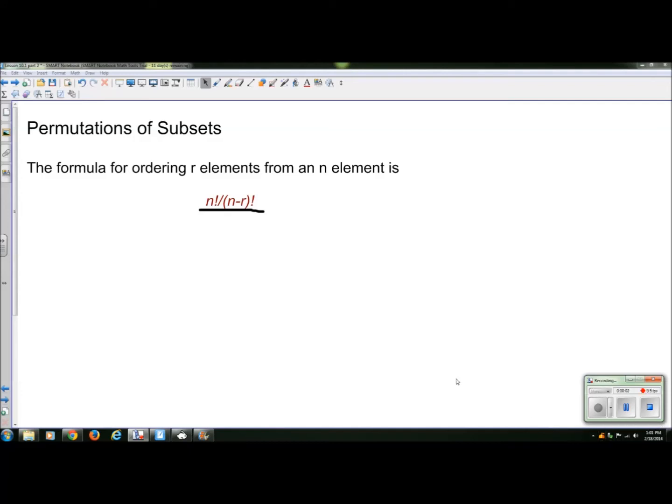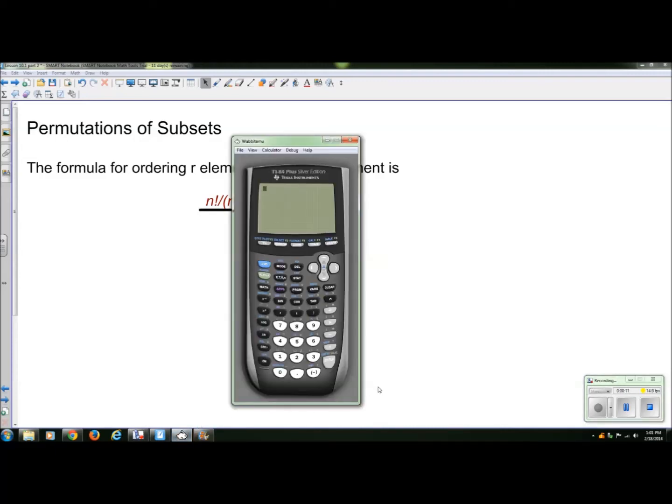So there's actually a button on your calculator that will do these calculations of permutations of subsets of numbers for you. So let's just do the exact problem that we just did. In this problem, we were interested in taking 3 numbers from the set 0 through 9. So there are 10 choices, 0 through 9.